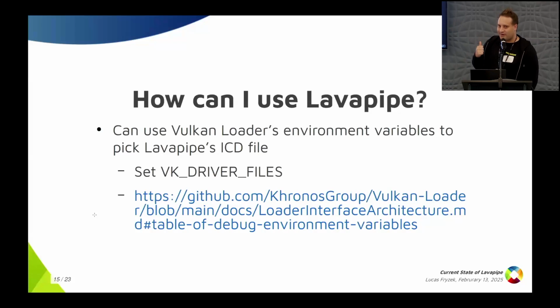There's an environment variable called VK_DRIVER_FILES that you can point at the file to find it. If you have an official installation of Lavapipe, you probably don't need to do this, but if you're working on a different platform, you might need to. There's helpful documentation inside the Vulkan loader that explains this. I don't think the Vulkan Configurator currently exposes this, but it might be nice in the future, if more people are using Lavapipe, to have that more easily available.